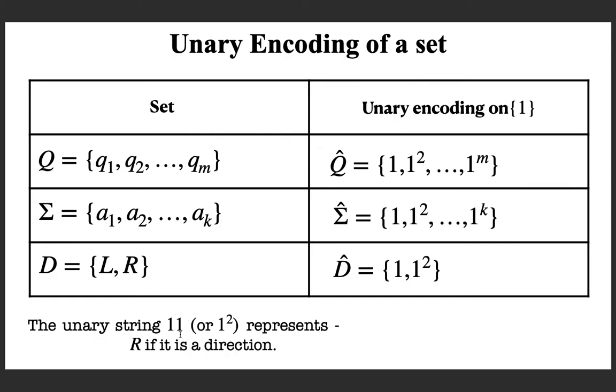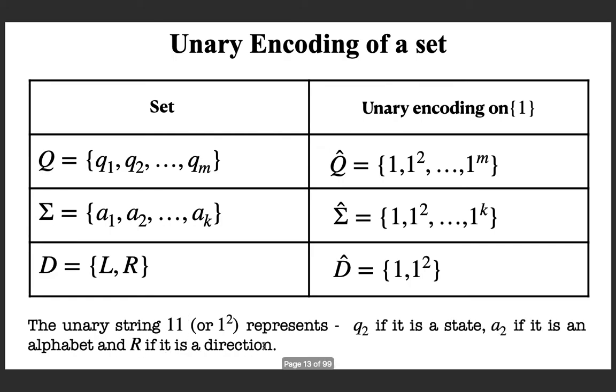So it will be representing capital R if it is a direction. What we show is that a given unary string is representing one of the elements depending on the context in which that particular representation appears. Suppose it appears in a place where you need a state, it is Q2.